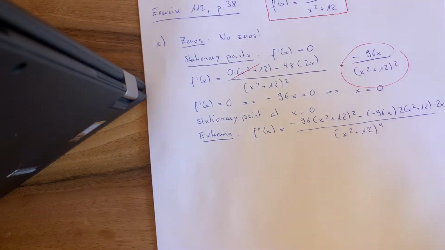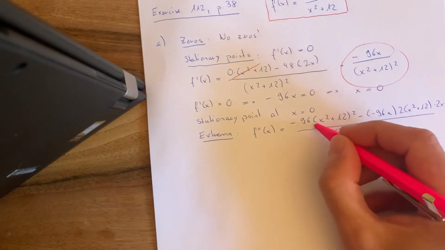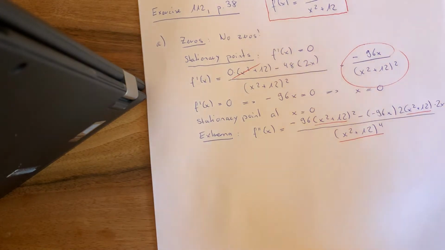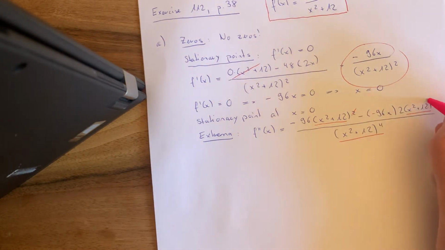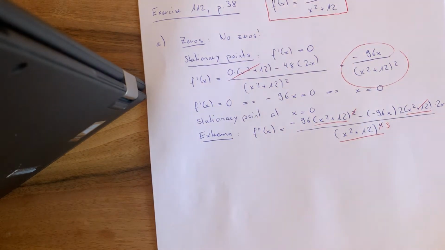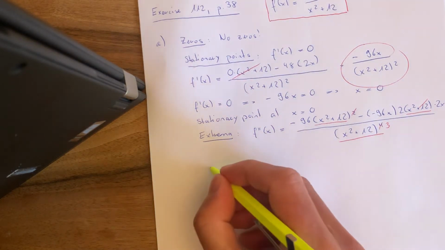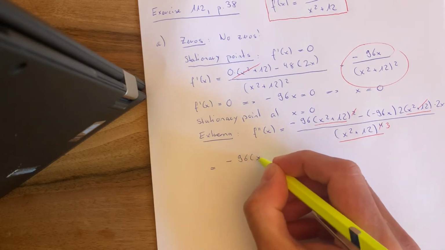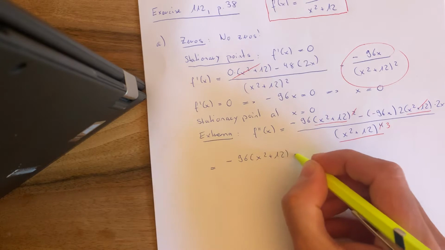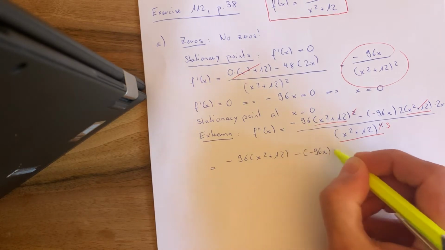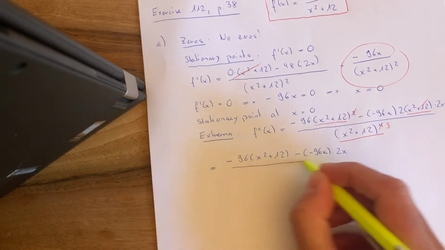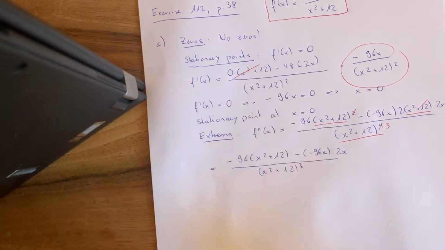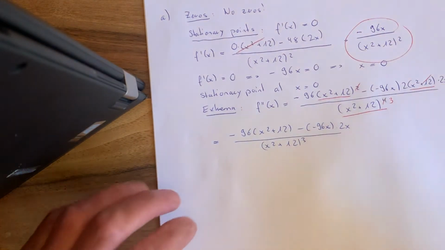Now if you consider this fraction here, well, we have here, here, and here always the same expression, so we can reduce 1, and here we have to the power of 3 left. So this leads to minus 96 times x squared plus 12 minus 96 times 2 times x divided by x squared plus 12 to the power of 3. Okay. So what are we going to do next?